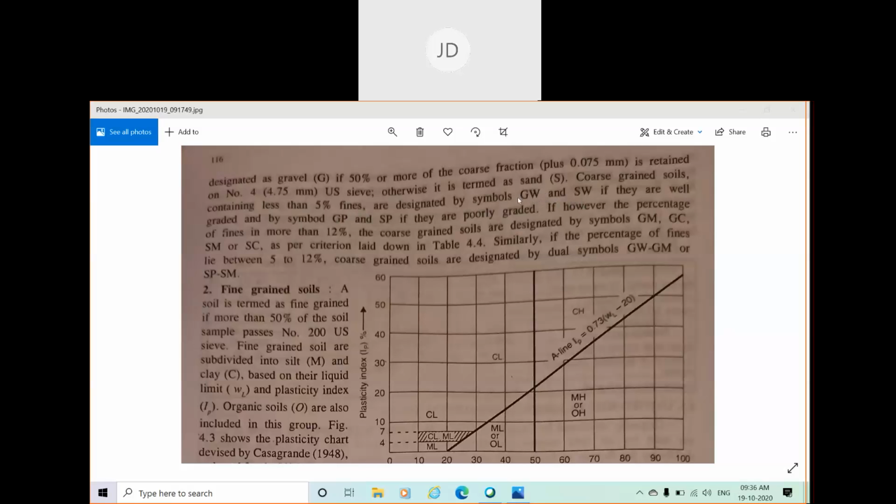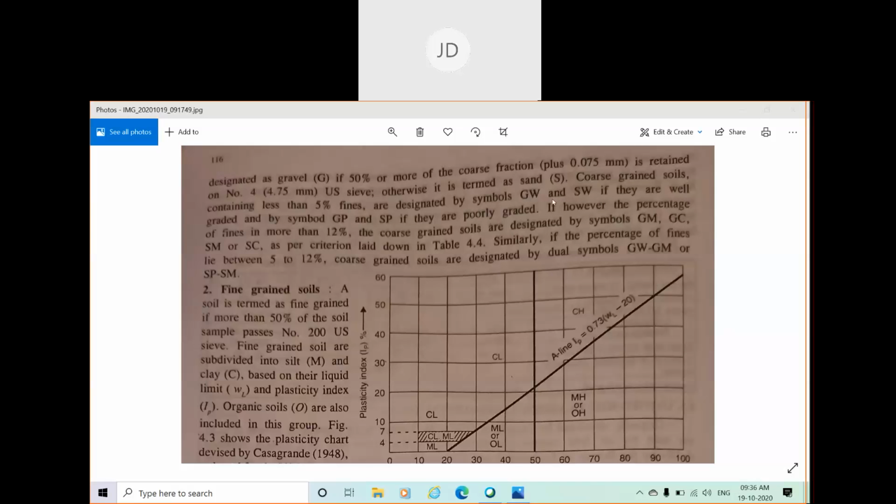Well graded gravel or well graded sand. From the sieve analysis that we already discussed in the last class, from the curve, we'll get whether the soil is well graded or poorly graded.